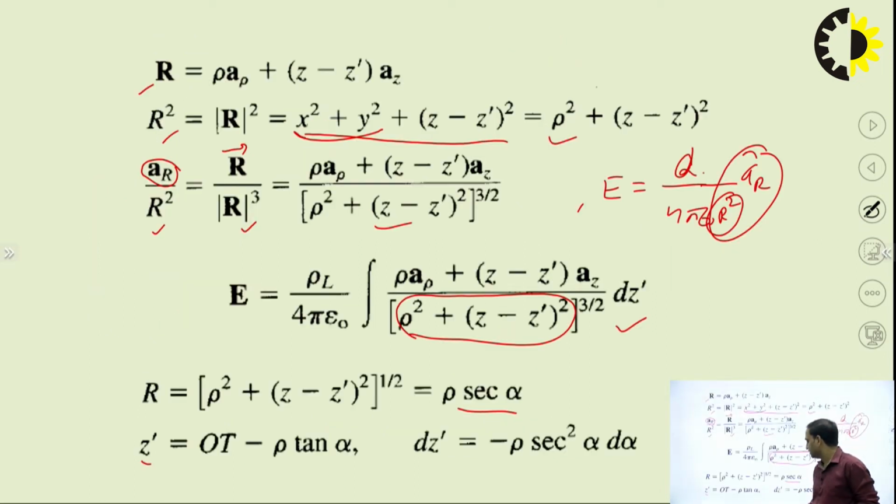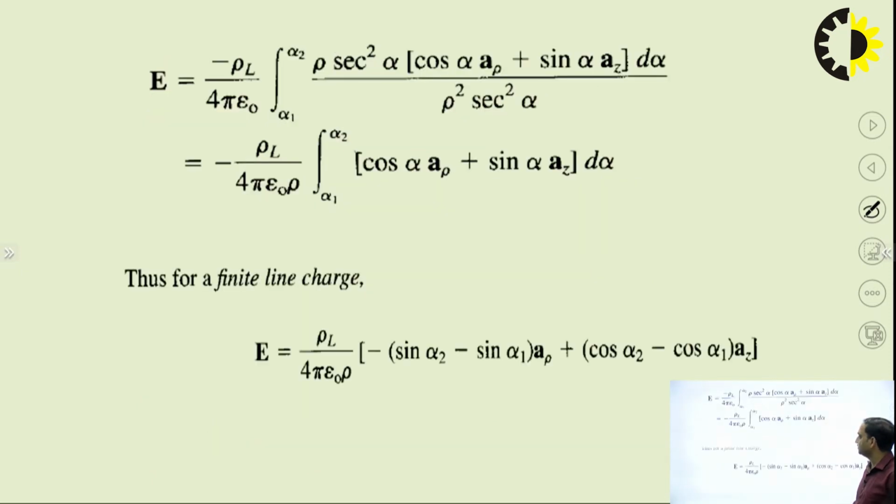So this will be OT minus rho tan alpha. So just put all together, then dz dash, take the differentiation of that because we have to put the value here. So this is the expression. After solving all this, we will get this one, and now this is the expression for the finite line electric field.